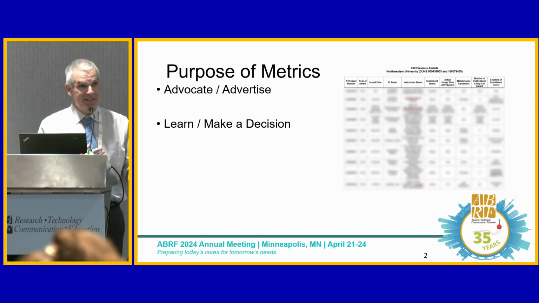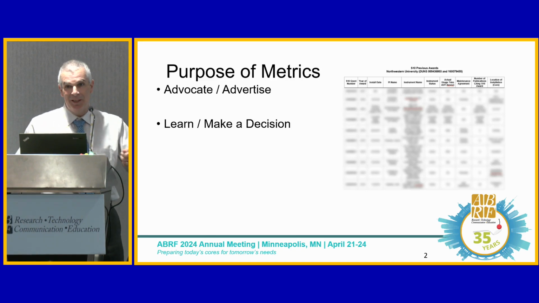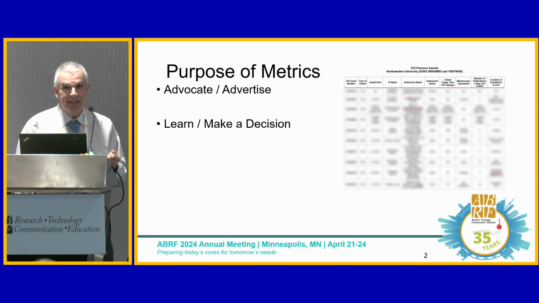So these are metrics that are painful to pull sometimes, right? Because you've got to reach out to all the people. You've got to convince the faculty to cite the paper or the grant. And so this is an example where we as a group have decided that these metrics are really important in making decisions, right?